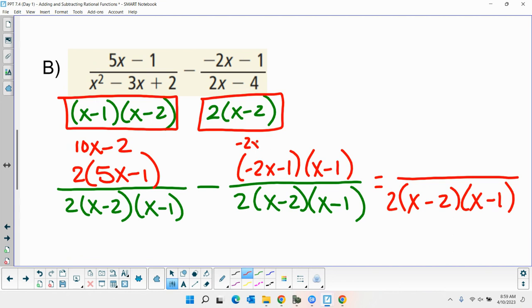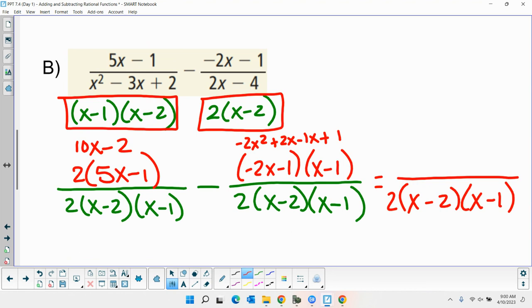FOIL negative 2x squared plus 2x minus 1x plus 1. So now I'm going to combine like terms. There's no x squareds over here. So what's nothing minus a negative 2x squared? 0 minus a negative 2x squared. Minus a negative is what?